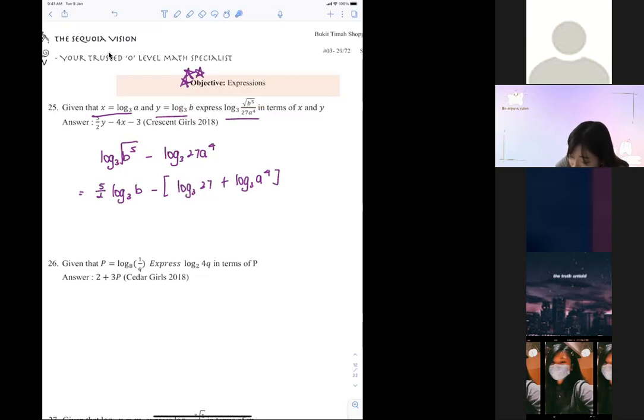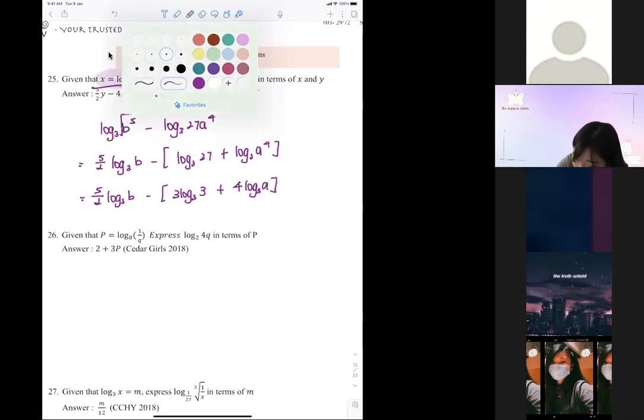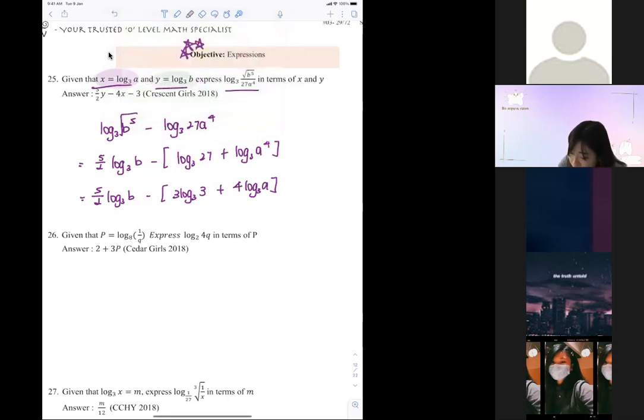Why must put a bracket? Because you minus this whole thing. Okay, so must put a bracket. Minus belongs to everyone. Same thing, if there is power, we try to bring down. 27 is 3 cubed. This power can bring down slowly. Power bring down. Okay, you know that x equals log 3 a, y equals log 3 b.